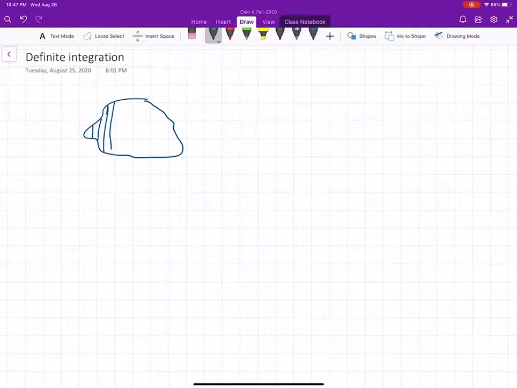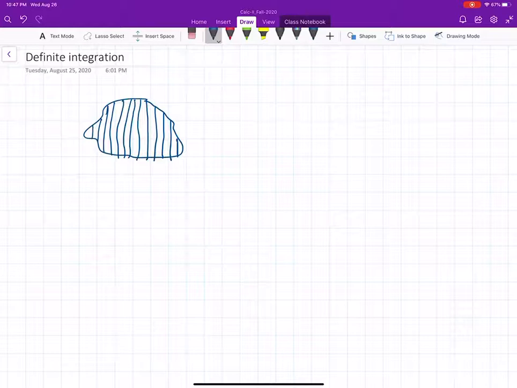So you take a scissor and make cuts like this. They should be straight. Then you compute the area of each of these stripes.